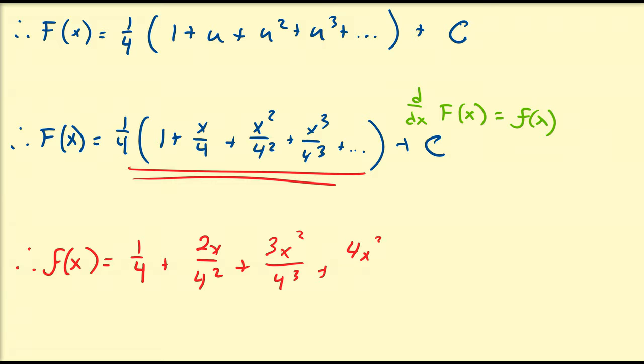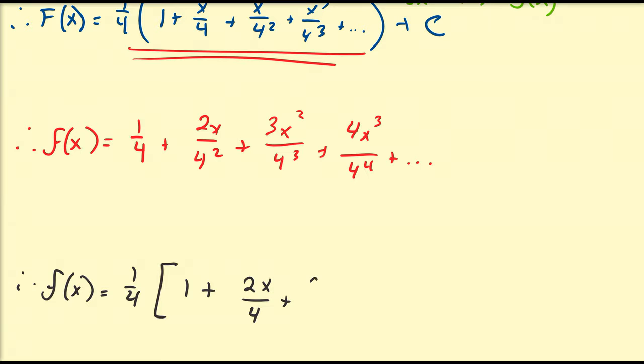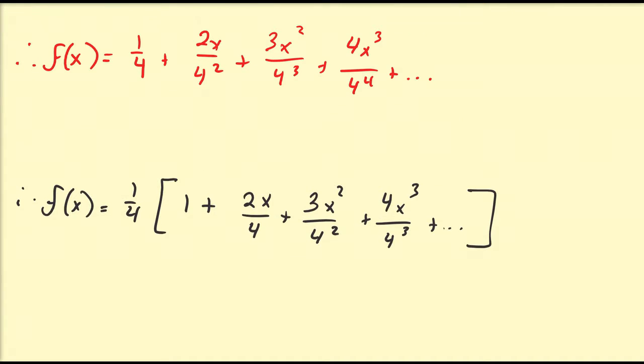That's going to be 4x cubed all over 4 to the 4th, plus and so on. So I can factor out a 1/4 out of this expression. So f of x is equal to 1/4 times 1 plus 2x over 4 to the first plus 3x squared over 4 to the second plus 4x cubed over 4 to the third plus and so on.